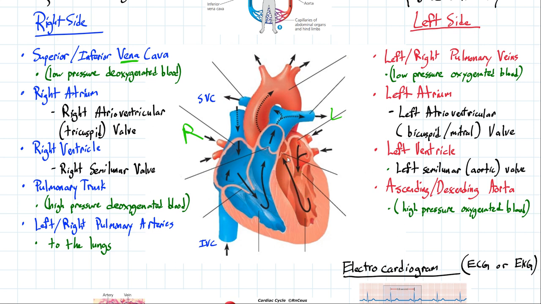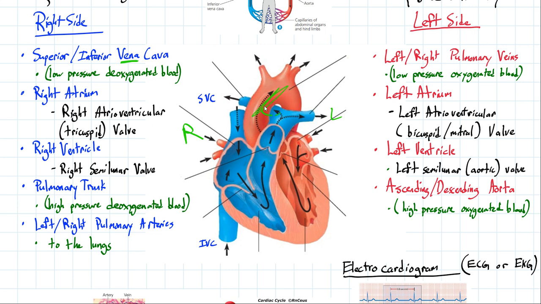When it squeezes, the blood will go through this semilunar valve. It's sometimes called the aortic semilunar valve because it leads to this next structure, this big artery called the aorta. The aorta is a big artery, and because it's an artery, the blood is under high pressure.